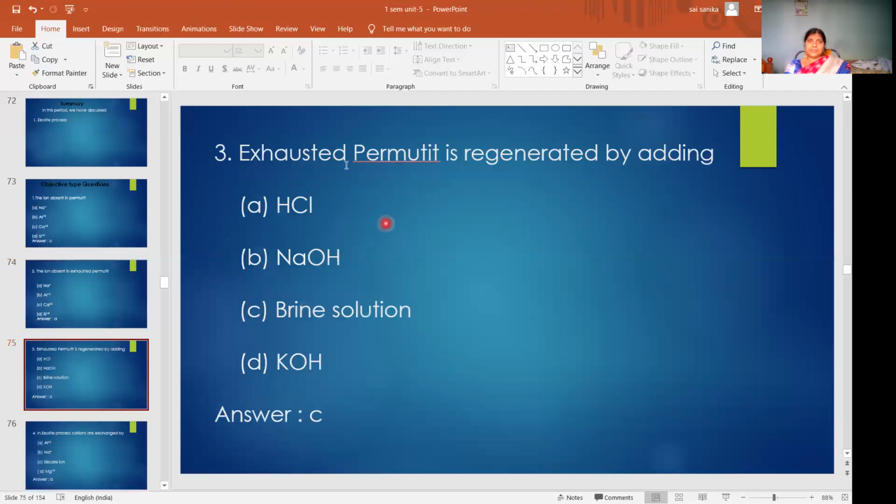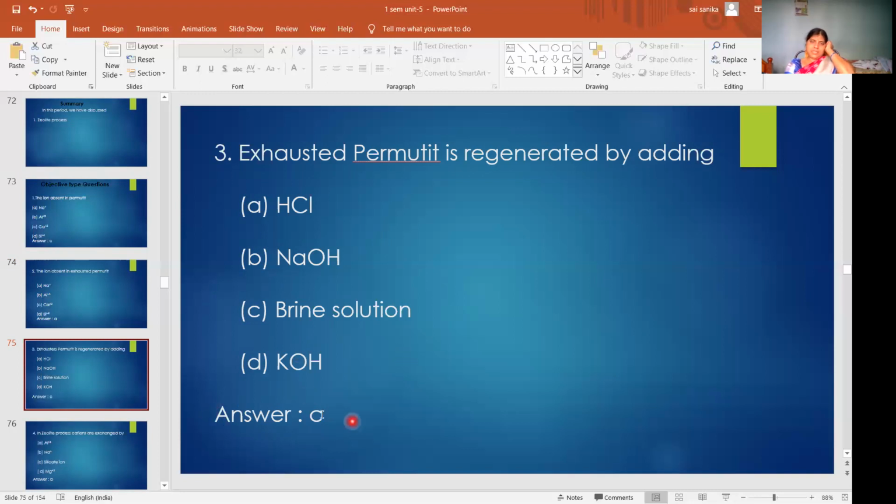Then next: exhausted permutit is regenerated by adding. When permutit is exhausted, how will you regenerate it? By adding which solution? A HCl solution, B NaOH solution, C brine solution, D KOH solution. What is the answer? Brine solution.